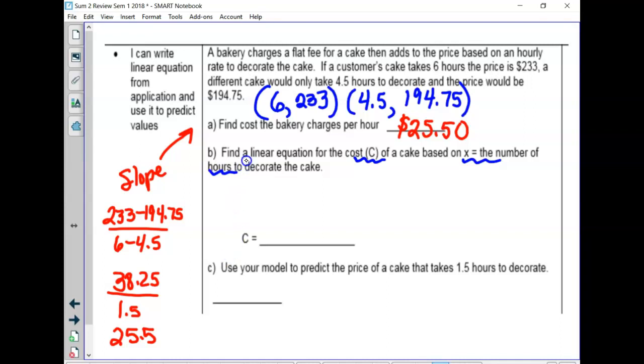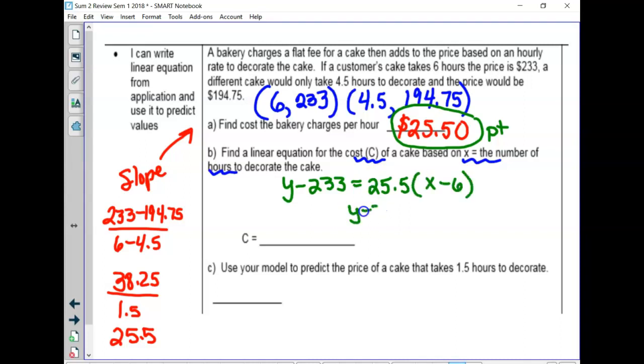All right. Now how do we come up with an equation, though? Okay, this is the slope, so I would use point slope. Yeah, y minus 233. I just picked the first one because it didn't have as many decimals. Equals 25.5 times x minus 6. y minus 233 equals 25.5x minus 153.